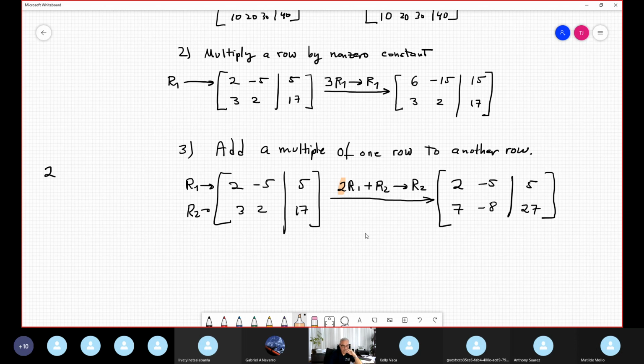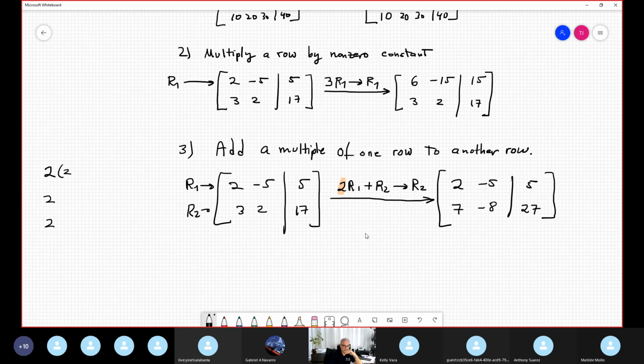Select. Multiplication by row 1, the entire row 1, and row 1 is 2, negative 5, and 5. So let me copy several times: 2, 2, 3, 2.